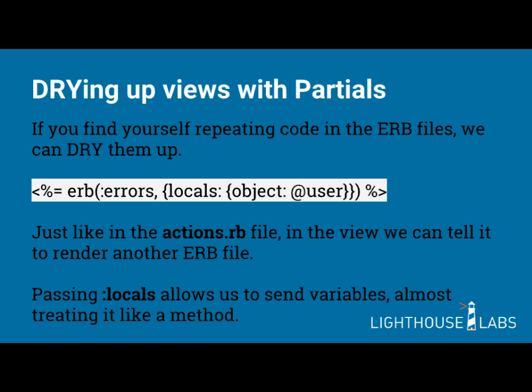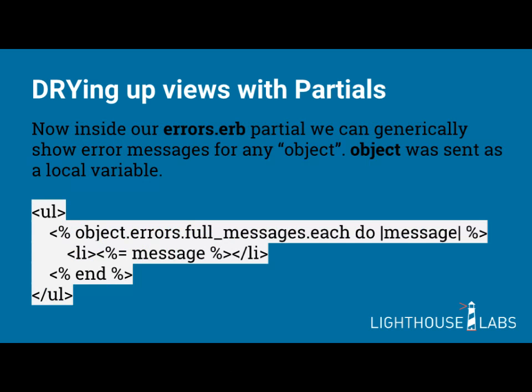You're always going to see the same little structure inside of your templates. This is truly, you could just copy and paste this. Whatever you're doing, whether it's a post, whether it's a user, we're using this generic term object. If there's any errors in there, because we tried to update, we tried to create, whatever it may be, just give me each of those messages and print them to screen in a list.